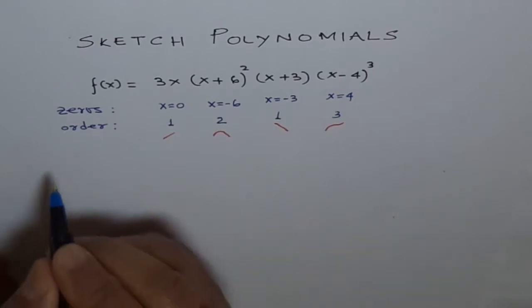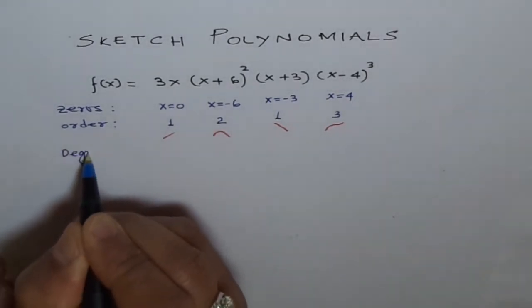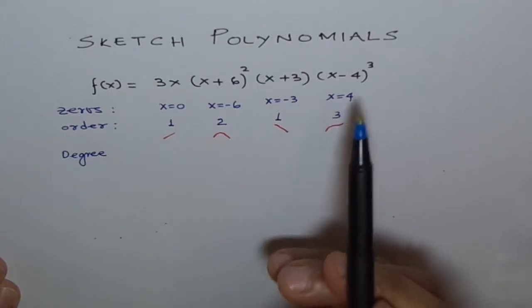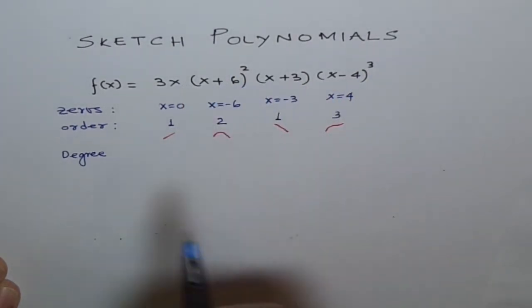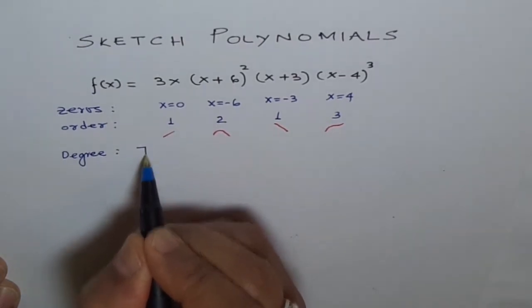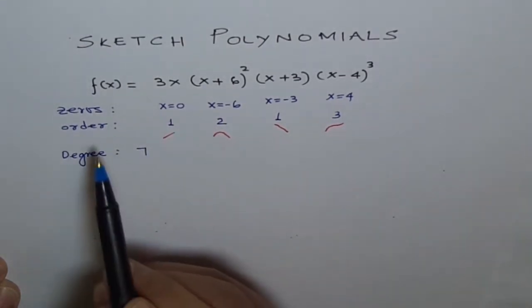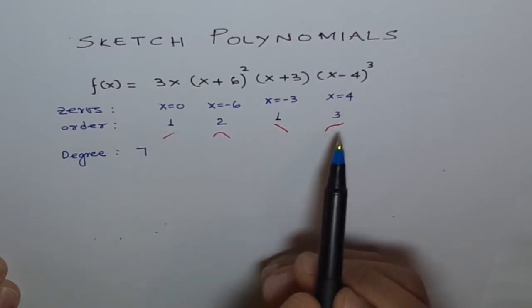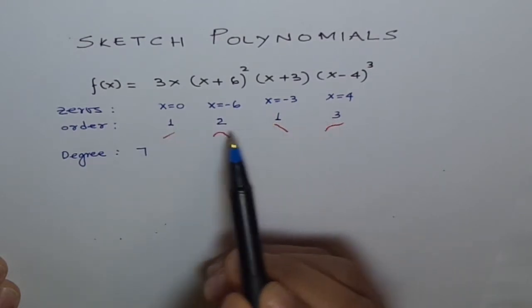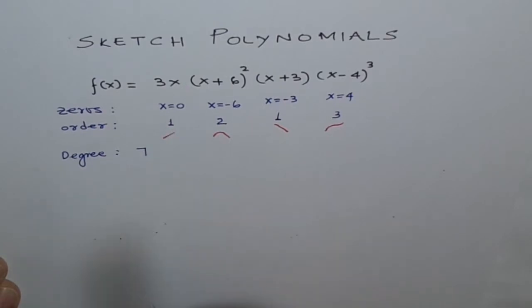Let's count the degree. Degree is 3 plus 1, 4, 5, 6 and 1, 7. So the degree is 7. You could also count degree from the sum of orders of zeros: 3 plus 1, 4, 5, 6 and 1, 7, correct?